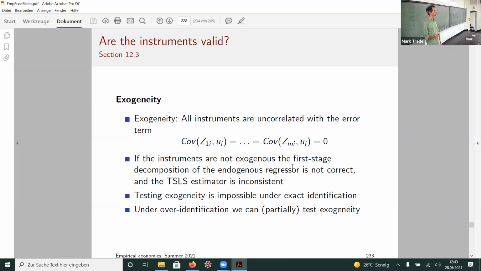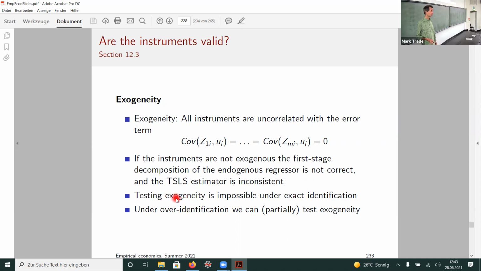Exact identification, just to remind you, means that we have as many instruments as we have endogenous regressors. So usually one each. We have one problematic regressor, one X, and we have one instrument to remedy this problem. That's the situation. And then if we only have one instrument, then we just can't check the exogeneity of the instrument.